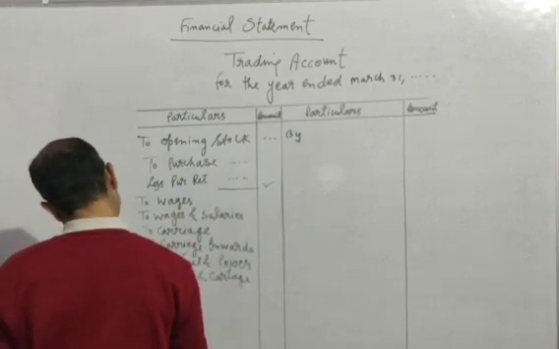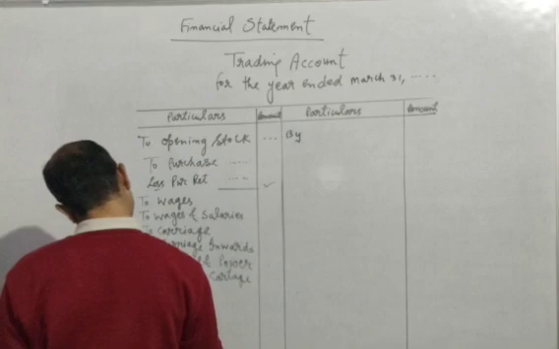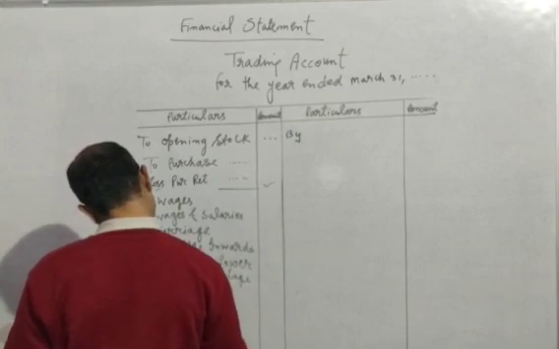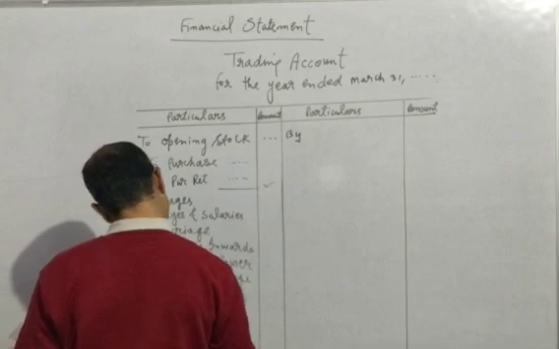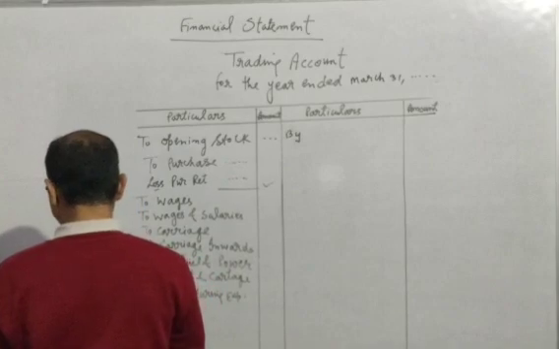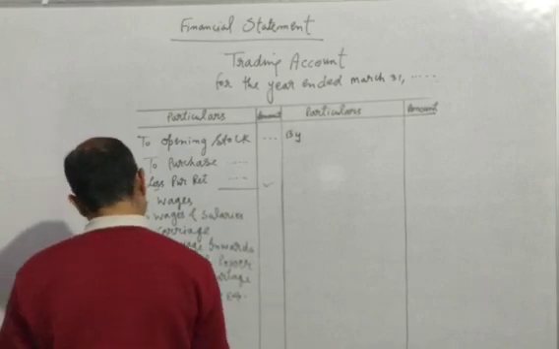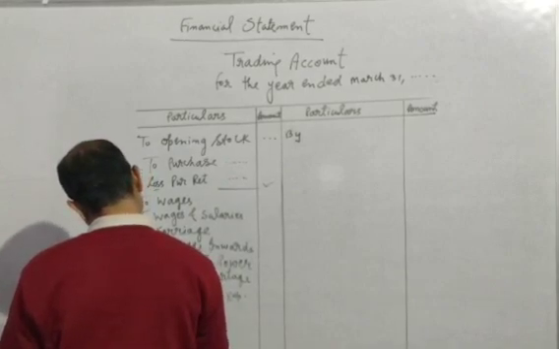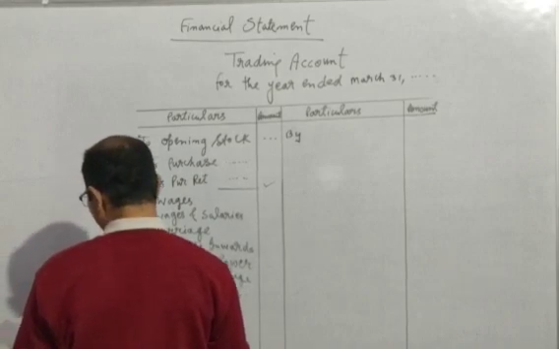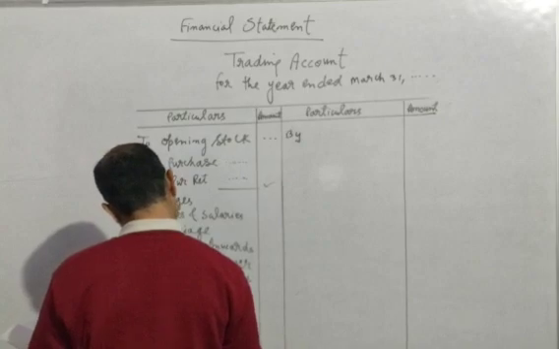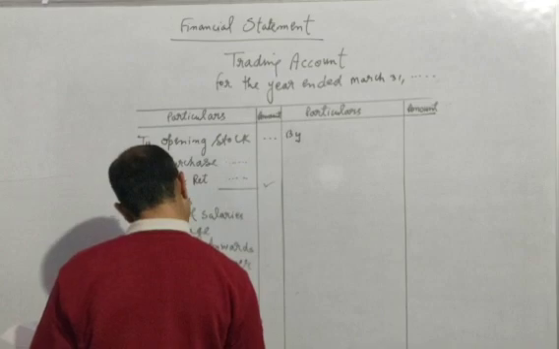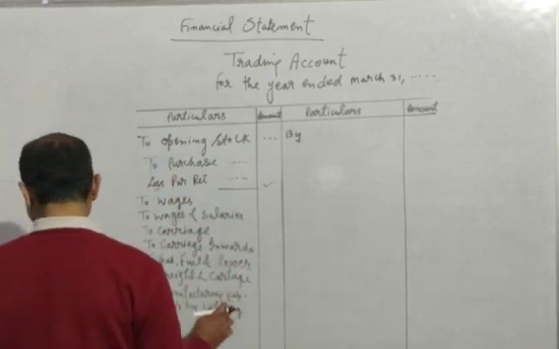The other one is manufacturing expenses. The next is factory lighting. Any expenses related to the factory will come in the trading account.